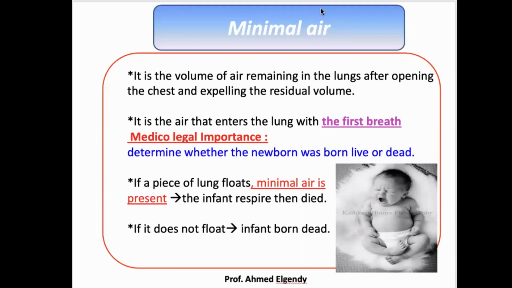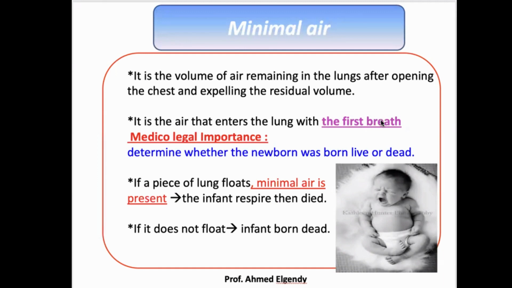So about this minimal air that we talked about. What is the minimal air? It is the volume of air remaining in the lung after opening the chest and expelling the residual volume. It is the air that enters the lung with the first breath.